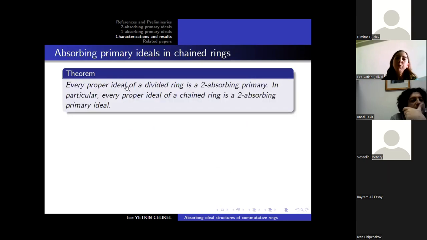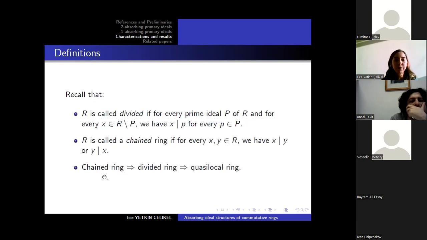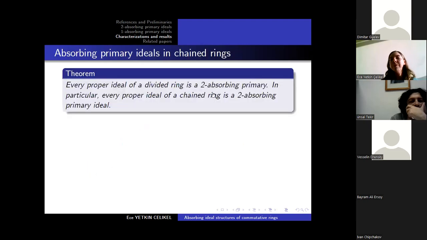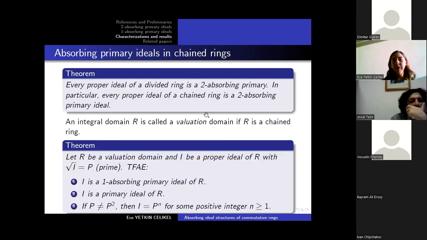So what about two absorbing primary and one absorbing primary ideals in these special rings? We can characterize them by this theorem. Every proper ideal of a divided ring is two absorbing primary. Now, I said before, every chained ring is divided. So in particular, every proper ideal is two absorbing primary also.